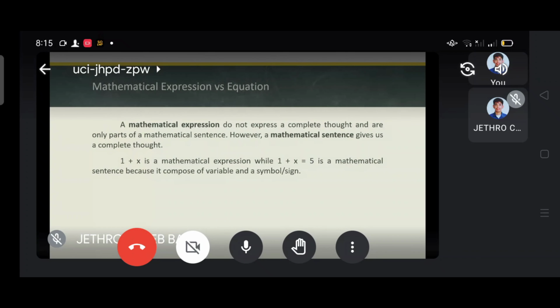Okay, now, after the mathematical expression and equation, we will now proceed to the most important topic of algebra. It is solving word problems using algebraic expressions and equations.